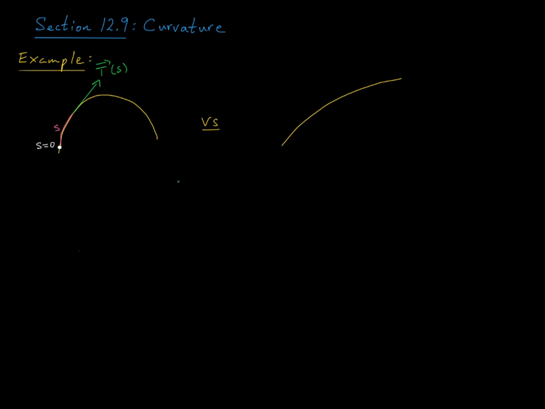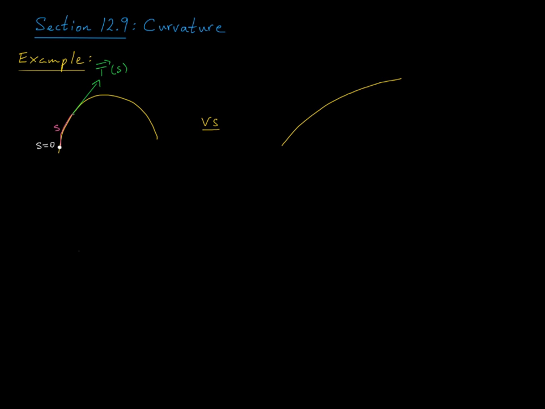Okay, so now to fill that out with some more details, we're going to measure everything relative to arc length s. We're going to choose some base point on our path, and there we'll take arc length just to equal 0. And let's say I walk s units along our yellow path from our base point, and I wind up right here. And here I've just indicated our unit tangent vector at that particular location.